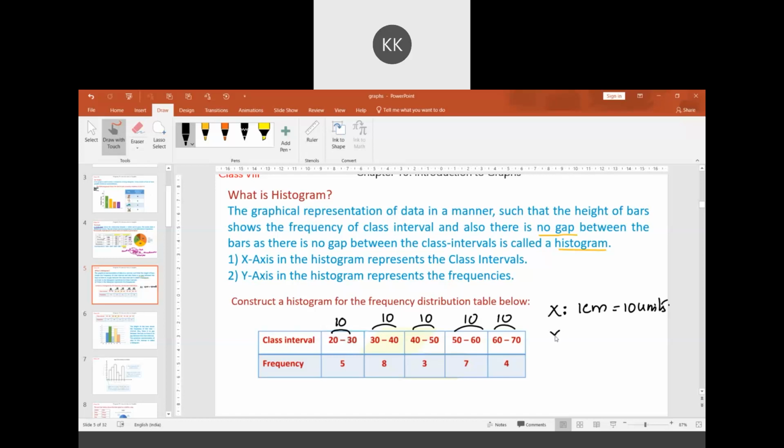Now, how do we choose the scale for the y-axis? Identify the maximum here. The maximum is 8, the minimum is 3. So if you consider 1 centimeter equal to 1 unit, you can comfortably make the graph.